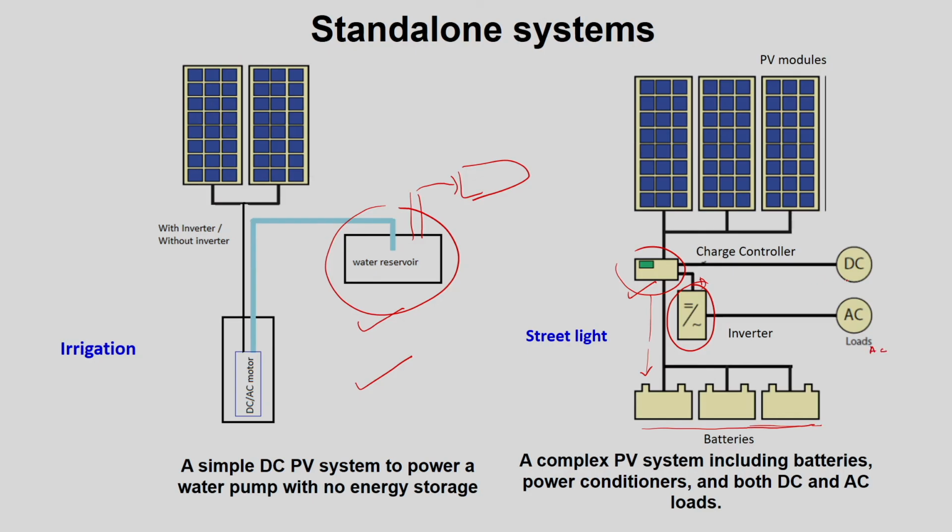If the load is DC, then you can use it straight away from the charge controller. So, these are the two extensively used configurations. This one is somewhat complex, where we have many components, and this is a very simple configuration.